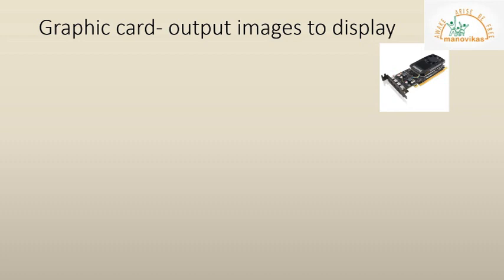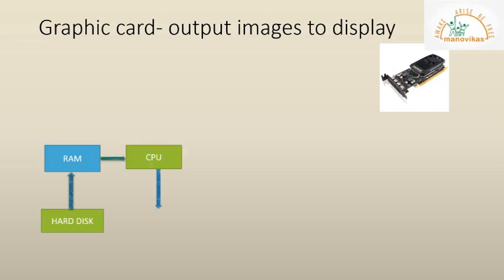Now this is created by the CPU. So CPU creates this world for you. It creates this world by loading the required file from the RAM, which it gets from the hard disk. But it is the graphic card which will put it on the screen, or it is a graphic card which actually makes it look the way it is.